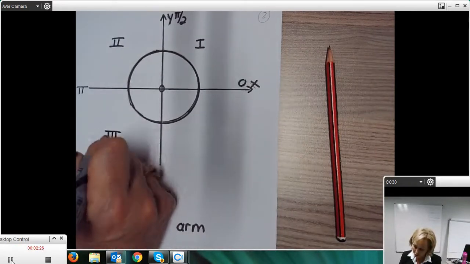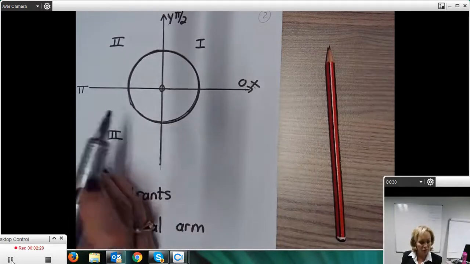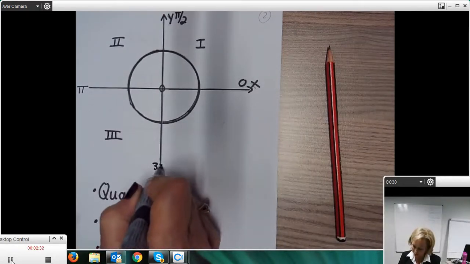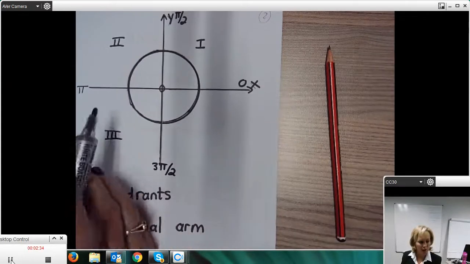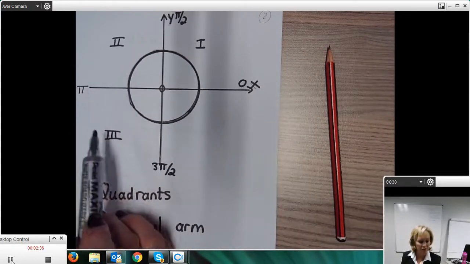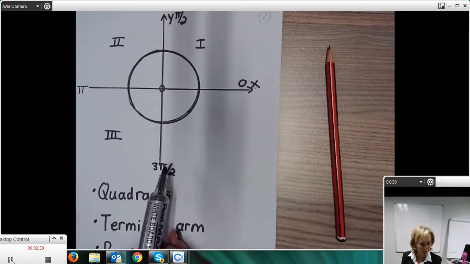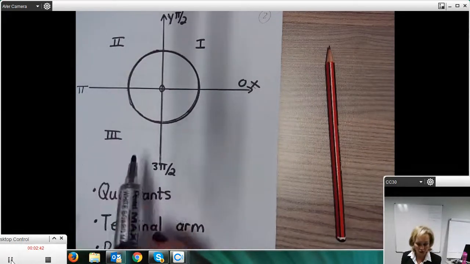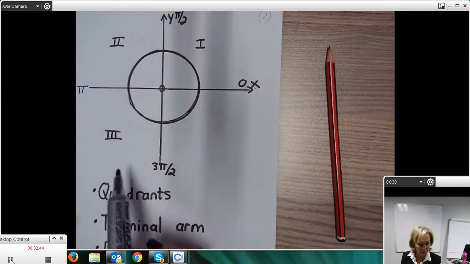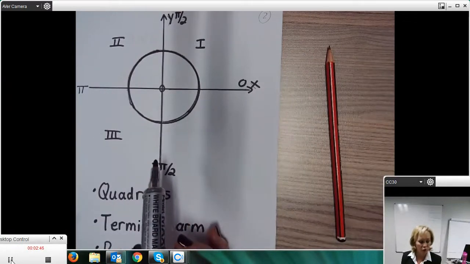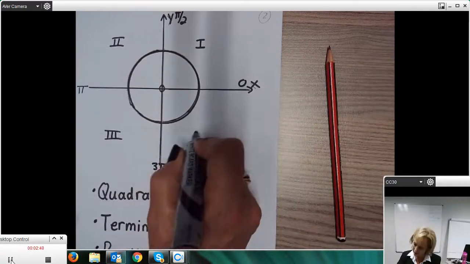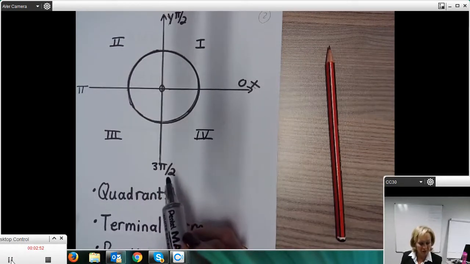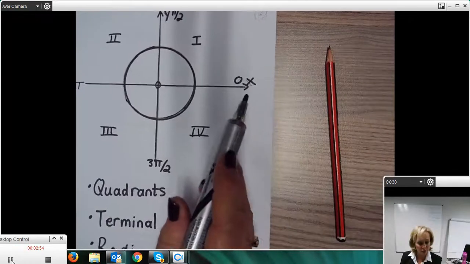The third quadrant is for angles which measure between pi radians and 3 pi by 2. So we have between 180 degrees and 270 degrees. So here we are going into angles which are bigger than 180 degrees, reflex angles. And then we have quadrant 4, which is between 270 degrees and 360.